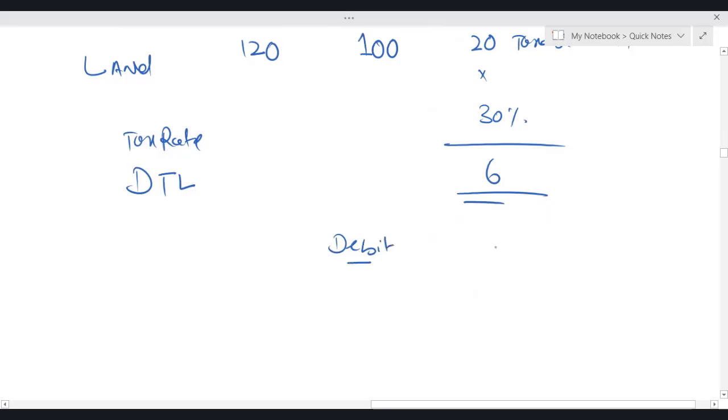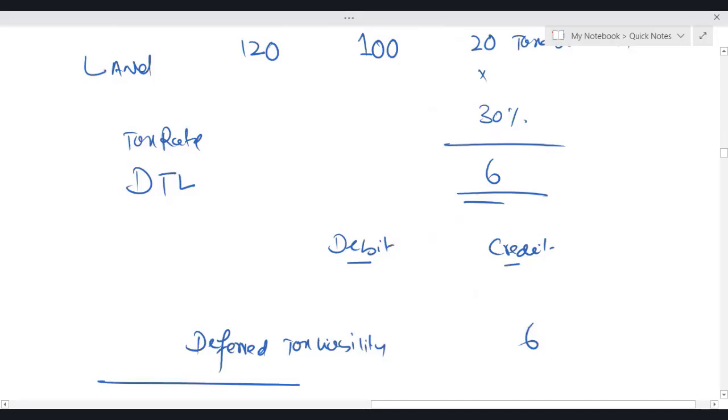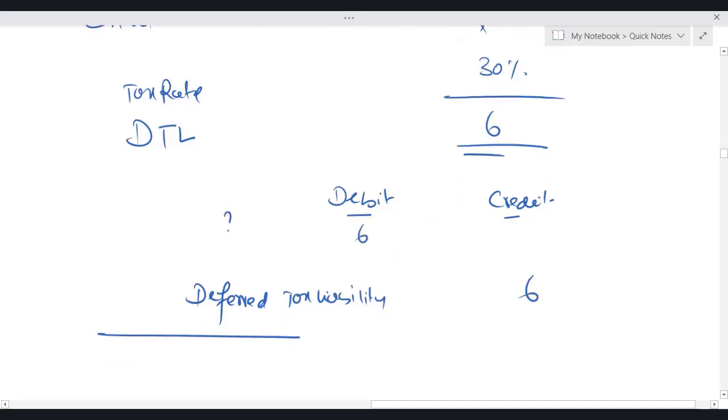Here, debit and credit. Obviously, deferred tax liability will be credited. There's no doubt about it. There has to be a debit. The question is, what should be the title for the debit?